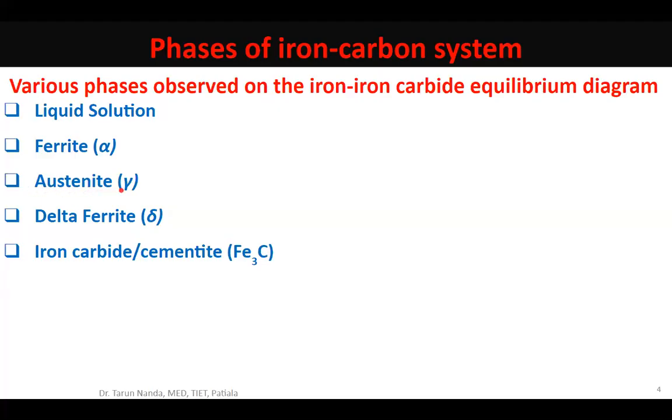So students, for that we have certain elements which are called austenite stabilizers. If austenite stabilizers like manganese, carbon or even nickel are added to steels and cast irons, we will be able to make austenite stable in those alloys, and even at room temperature conditions the austenite phase can be observed in the steel.